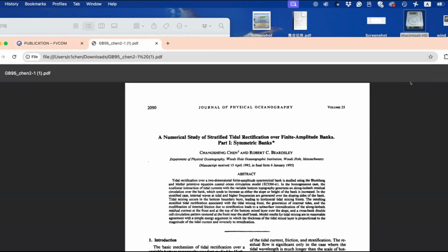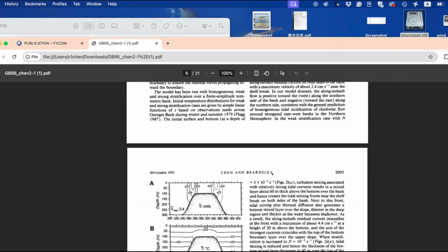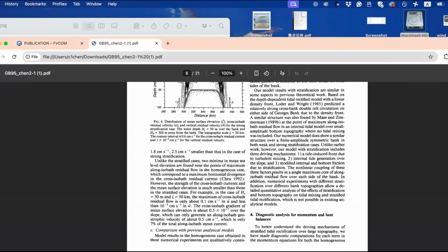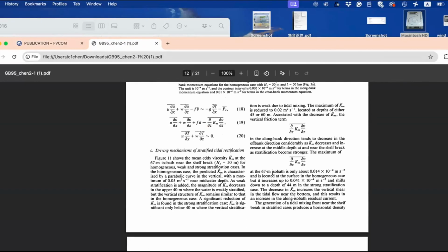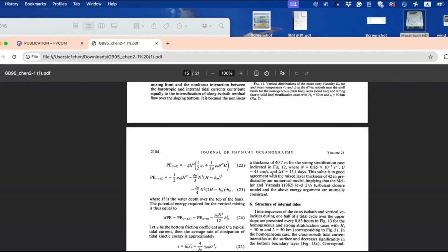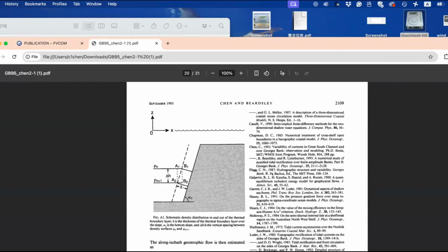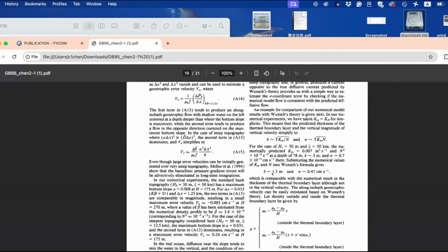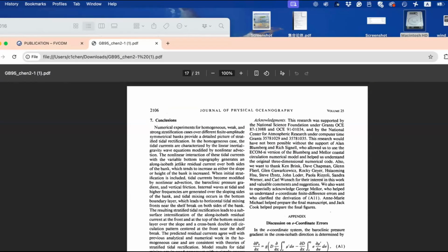Look at the paper and go to the appendix, not this part here. That's not FVCOM. Look at the appendix from here.